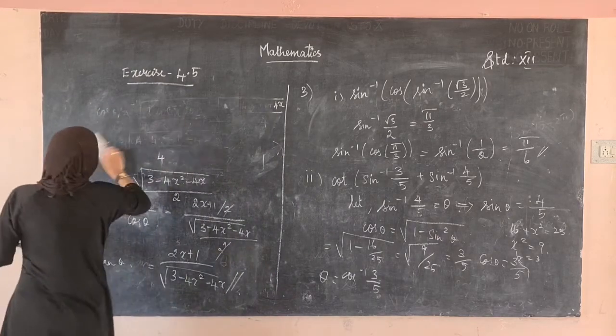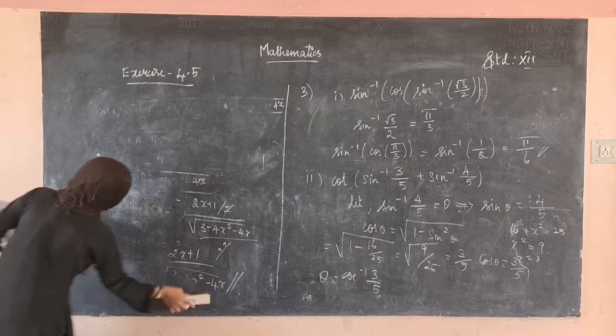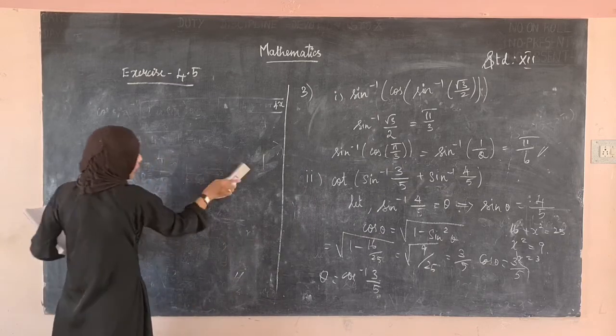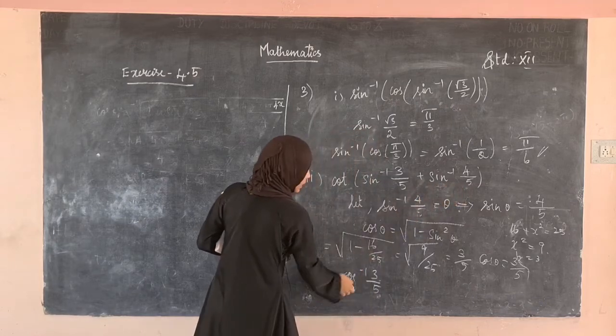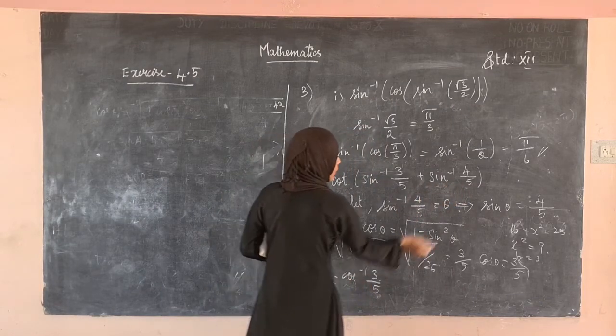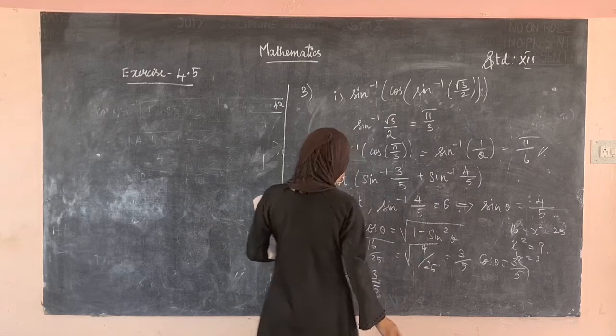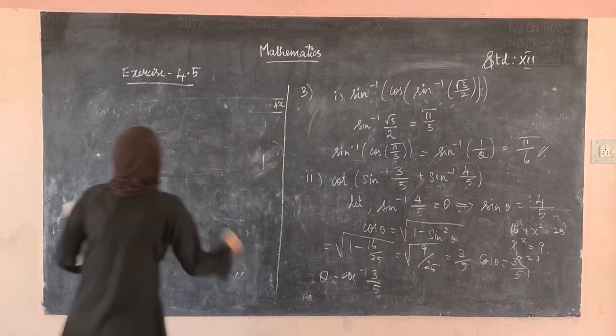So what happened? We took this as theta and we have found theta as cos inverse of 3 divided by 5. Instead of sin inverse of 4 by 5, we can substitute cos inverse of 3 divided by 5.